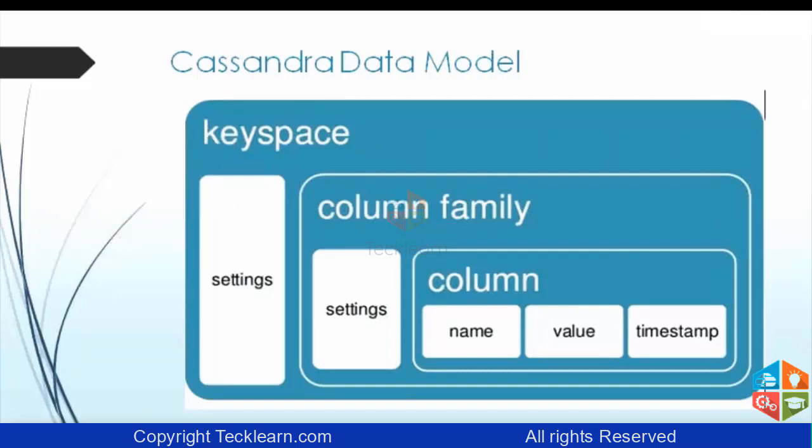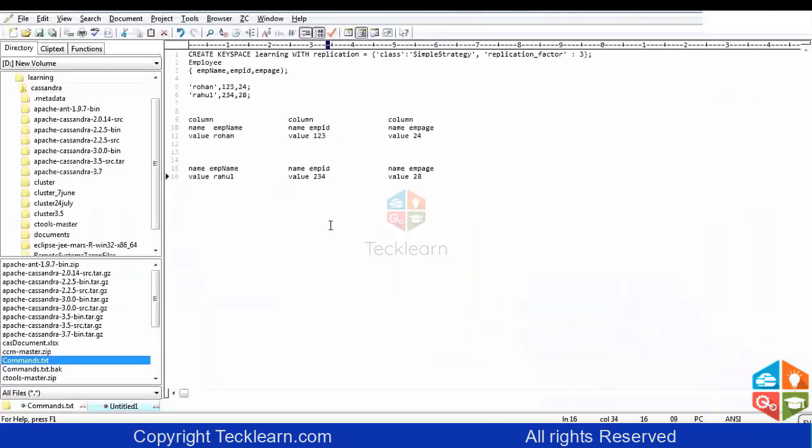What is a key space? The first thing we are learning is a key space. A key space is basically a logical entity in Cassandra, and the way we have schema in Oracle is the same way we have key space in Cassandra.